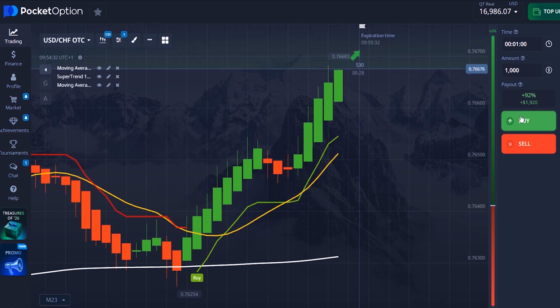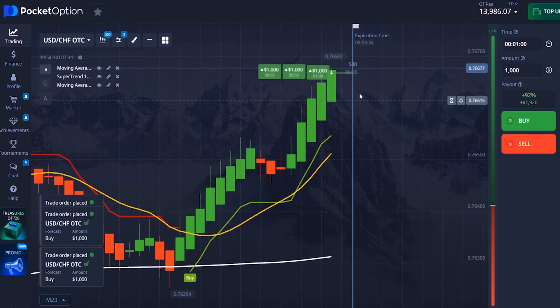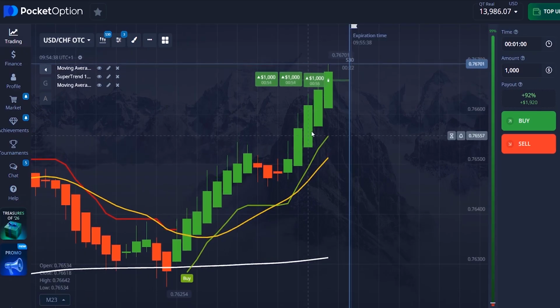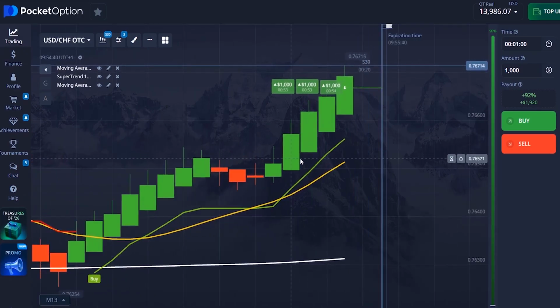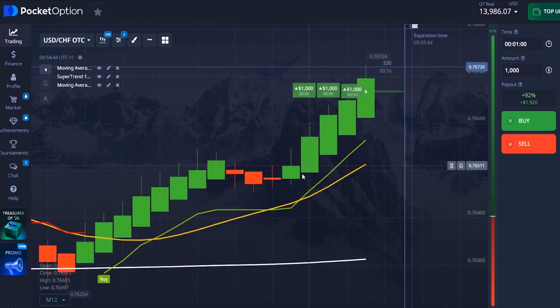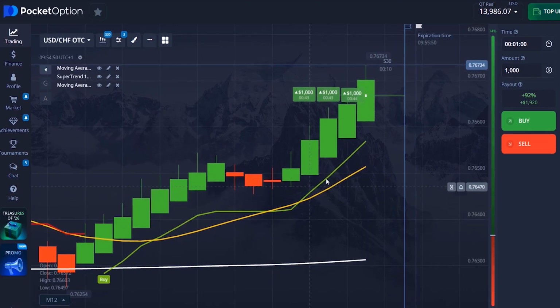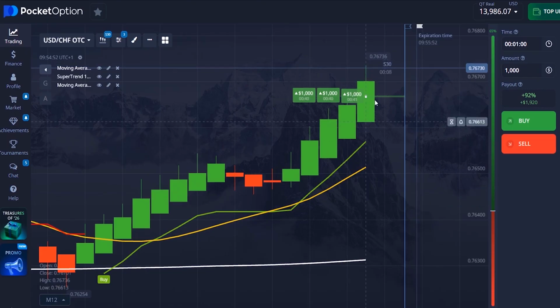So I have to make sure I have a stable candlestick, which is the first thing I put into consideration. Once I'm able to find a stable candlestick, the next thing I also need to find is the intersection of my Supertrend Indicator and my moving average line. The two lines have to intersect each other, giving me a confirmation of an up position.